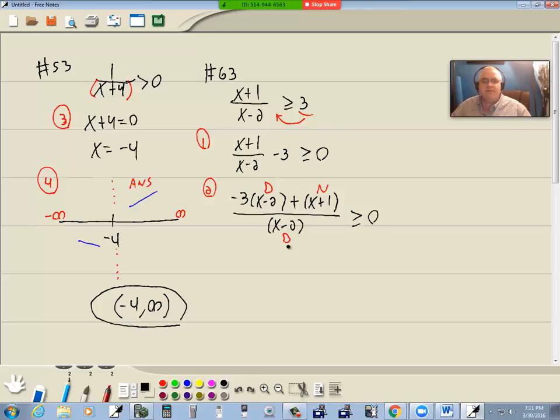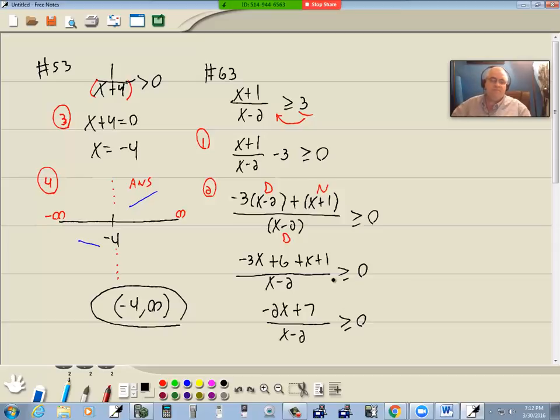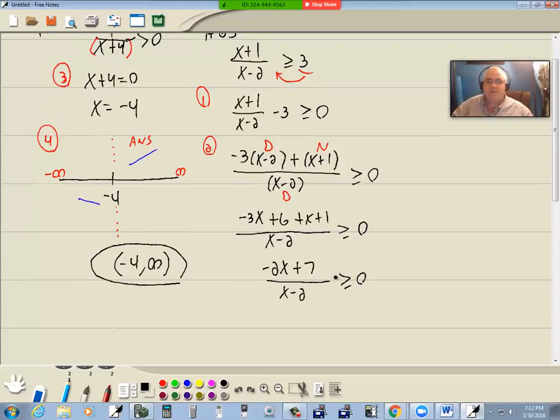And then greater than or equal to 0. Negative 3 times x is negative 3x. Negative 3 times negative 2 is 6, plus x plus 1 over x minus 2. Negative 3x plus x is negative 2x. 6 plus 1 is 7, over x minus 2. And we got our single fraction.